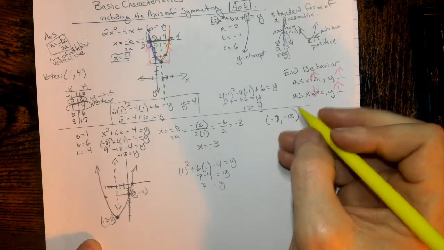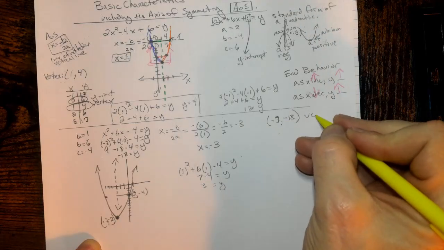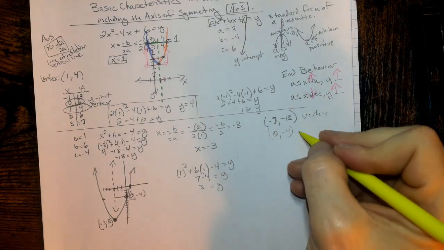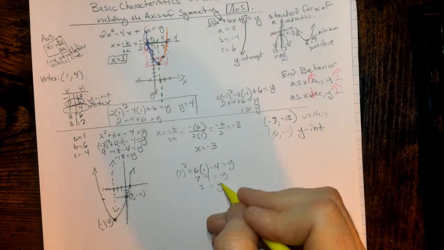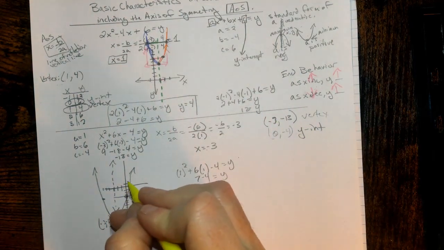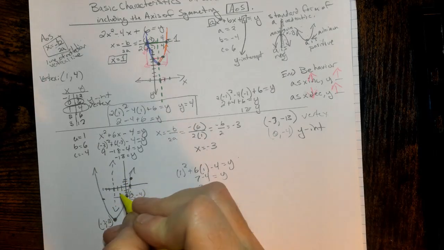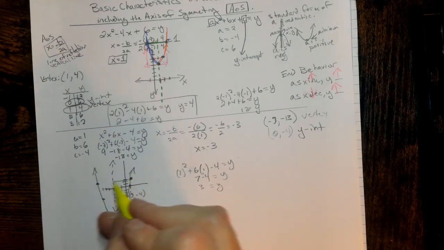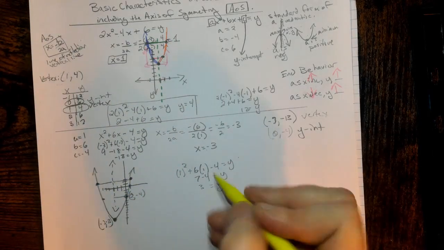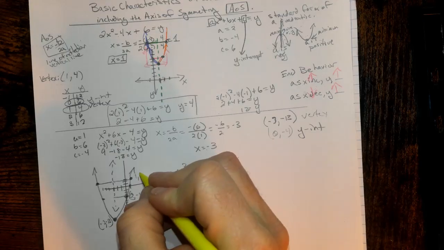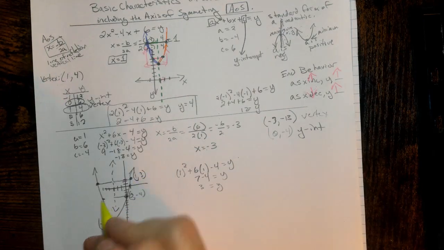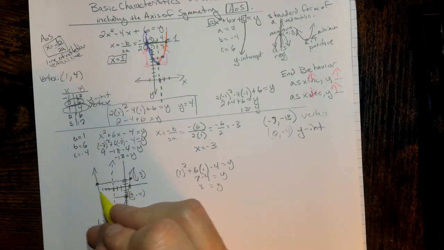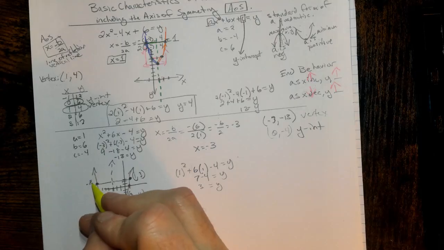So I would also have this is the vertex. The y-intercept is 0, -4. And I know that I have another point at 1, 1, 2, 3 right here. Look at that. It's actually pretty much right on the line, and there would be a reflected distance across the line, and it would be about here. And we could say that this is 1, 3, and of course this is at -3, so -4, -5, -6, -7.